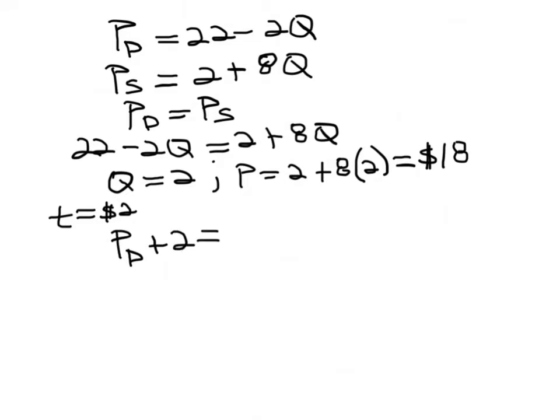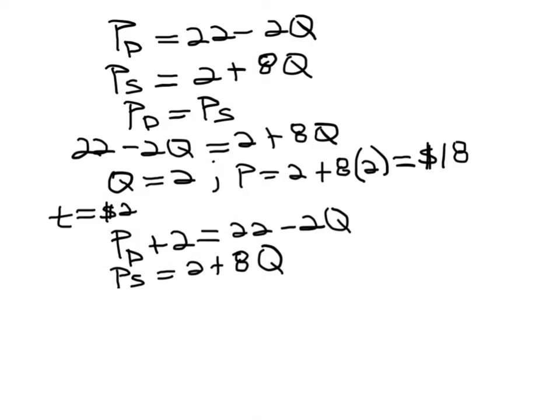That will be the new demand curve, and then we can still use the old supply curve, PS = 2 + 8Q, and make the two curves equal to each other, since we already integrated the tax.